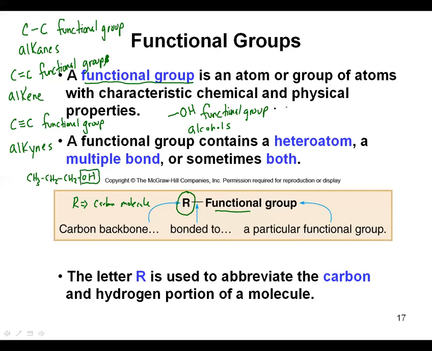That tells me this is an alcohol because that's a functional group. Sometimes alcohols in general will just be written as R-OH, which essentially means this is the functional group, and this R represents the carbon part, maybe 1 carbon, 2 carbons, 3 carbons, however many carbons. When you look up the different functional groups, that's sometimes how they are labeled.